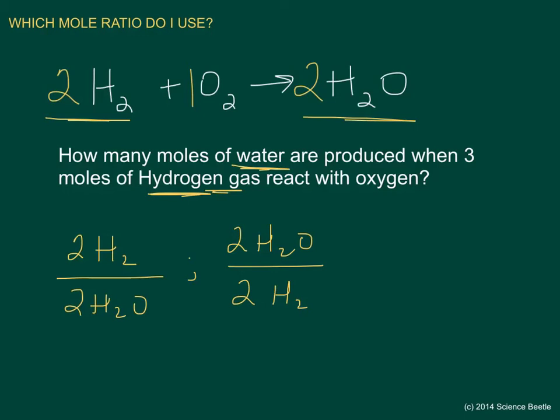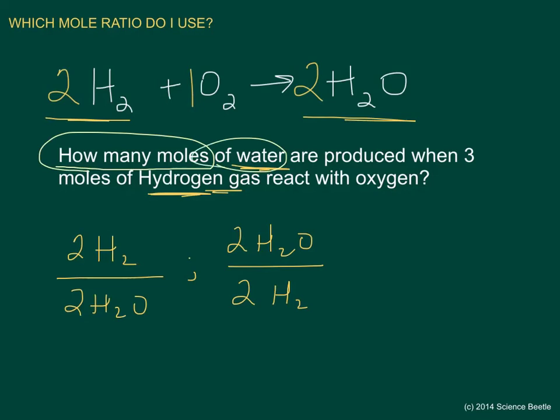So you ask yourself, in this particular problem, which one of these two compounds or substances, hydrogen or water, is it that I am trying to find? And if you look at this closely, you're trying to find, because it tells you right here, how many moles of water.